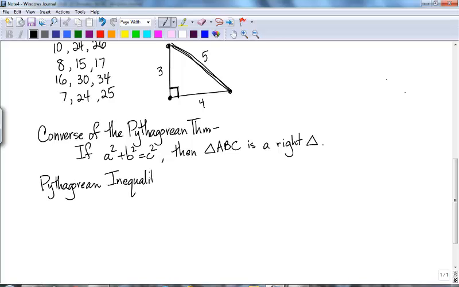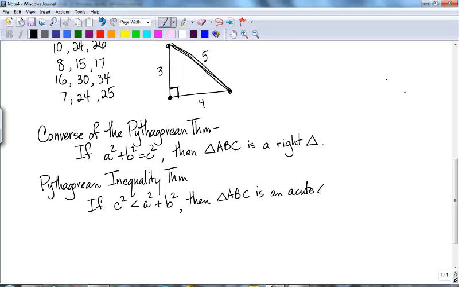If they're not equal, if c squared, the hypotenuse squared, is less than a squared plus b squared, then triangle ABC is an acute triangle. Example, like if this was CBA, and this angle then would be an acute angle.